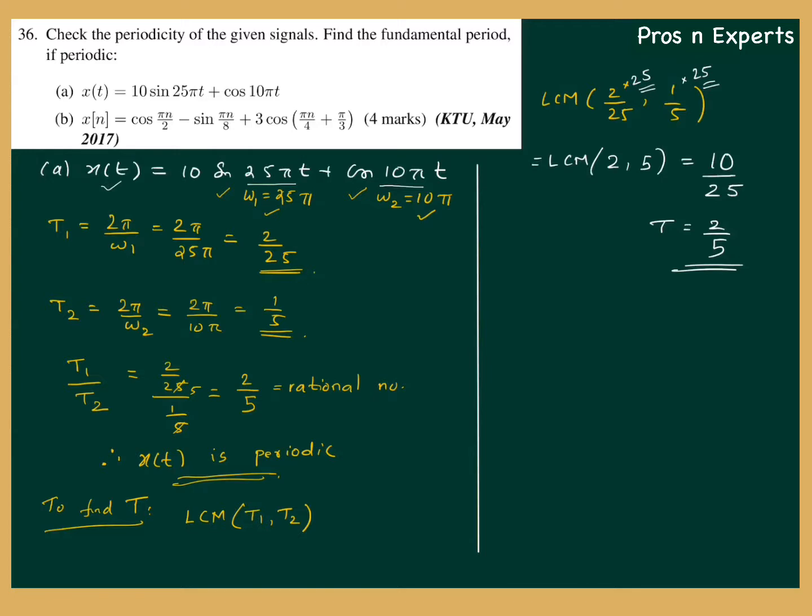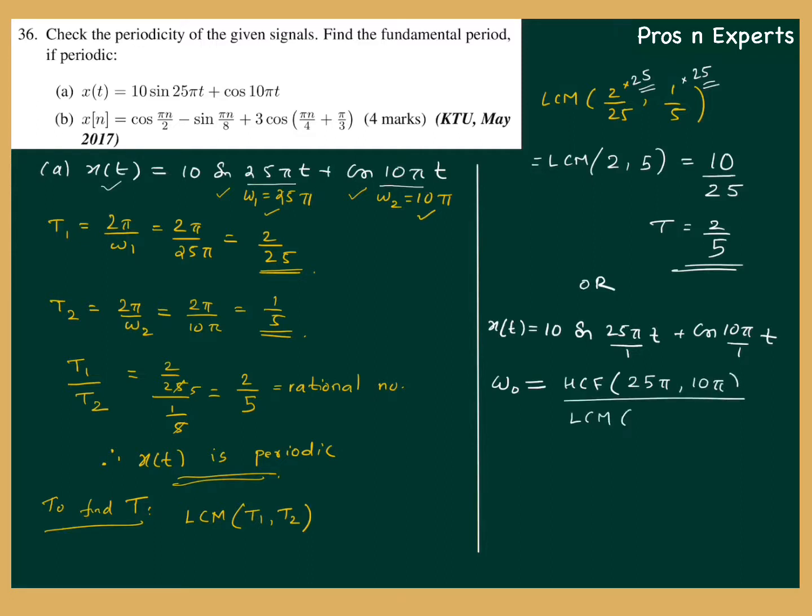Or else I can give you another method. x of t is equal to 10 sine 25 pi by 1 t, which is not wrong, plus cos 10 pi by 1 t, which is again not wrong. Now the fundamental frequency omega 0 is given by the HCF of the numerators inside the sinusoids, that is 25 pi comma 10 pi, divided by the LCM of the denominators inside the sine and cos, that is 1.